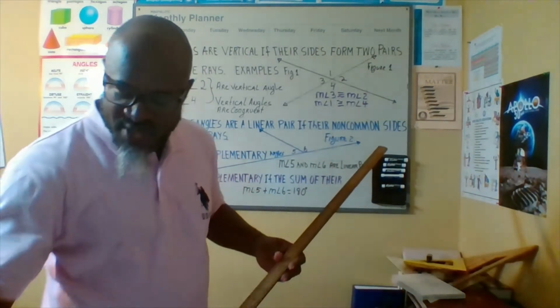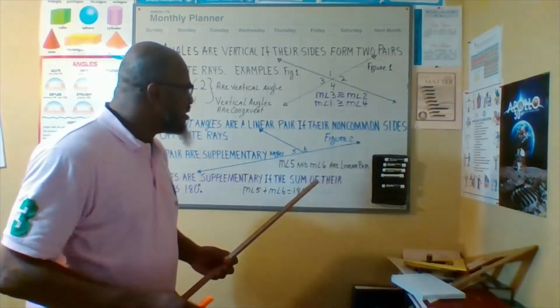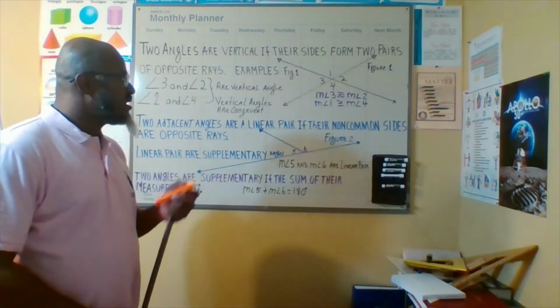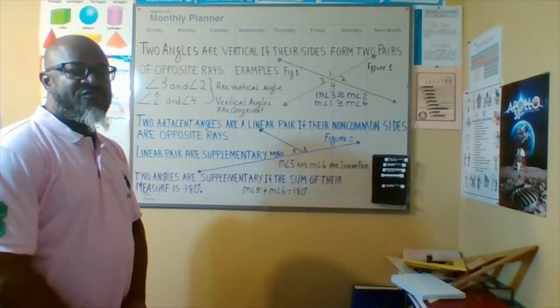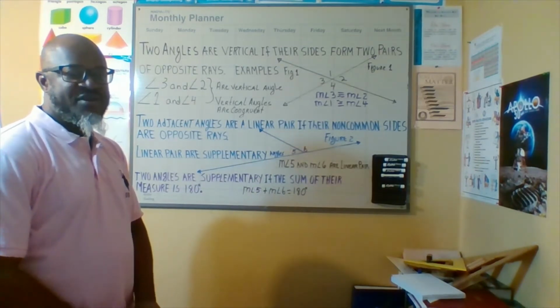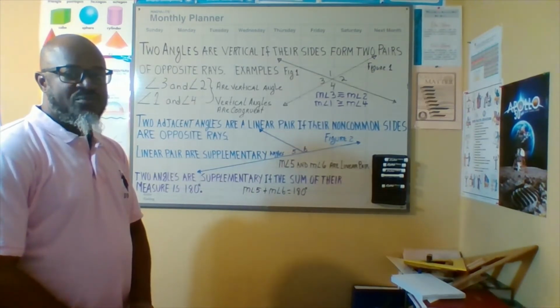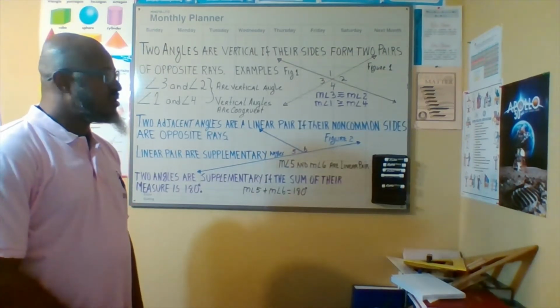So whenever you have two lines that intersect, you will have multiple pairs of vertical angles and multiple linear pairs. You have to make the difference between those two concepts.